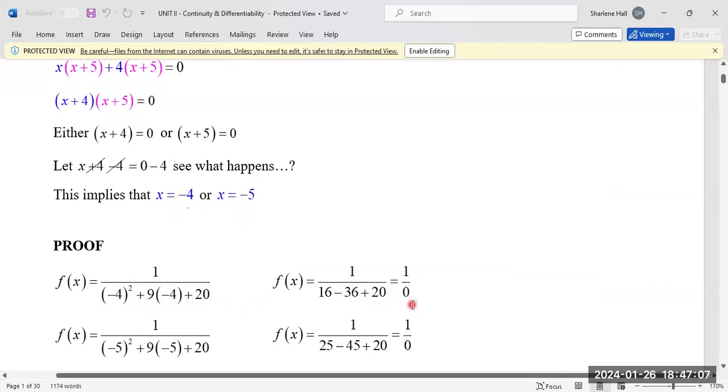So I get 1 over 0. That is undefined. 1 over 0 cannot exist. There is no value that can sit atop 0. You can't have a 0 existing in the denominator at no point in time at all. Not yesterday, not today, nor tomorrow.